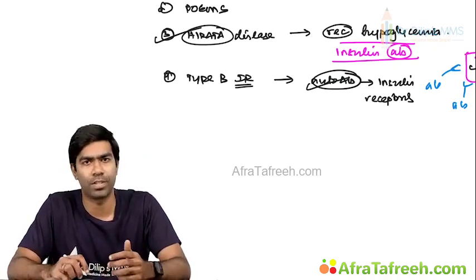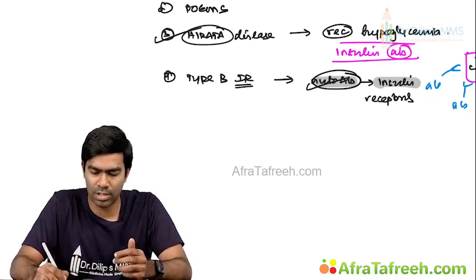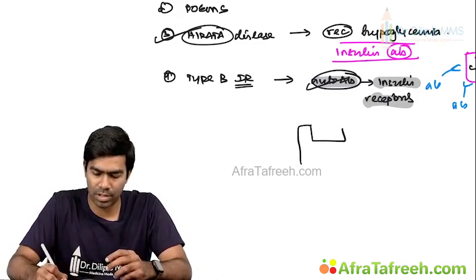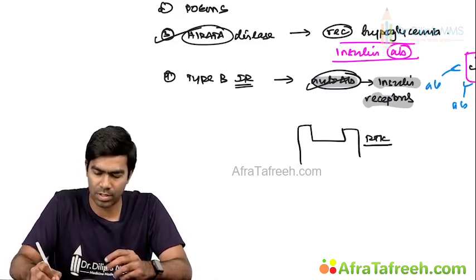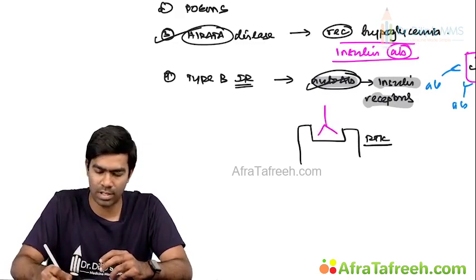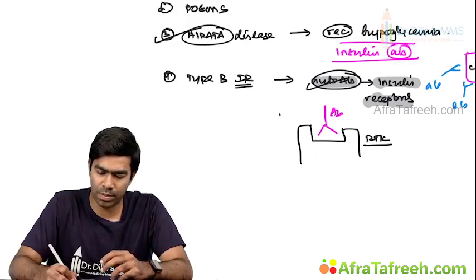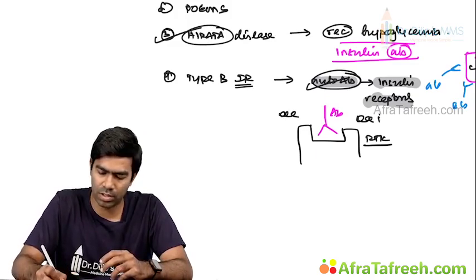But these are autoantibodies against insulin receptors. Remember, you have the insulin receptor, which is nothing but a receptor tyrosine kinase. The antibodies will bind. These are insulin receptor antibodies, and they're going to prevent the endogenous insulin from binding.